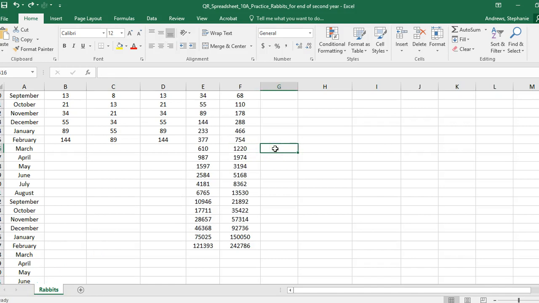So I'm going to hit equals, take the value here, multiply it times our multiplier of 1.62, and it should be something very similar to the 1220 that's already in the column.